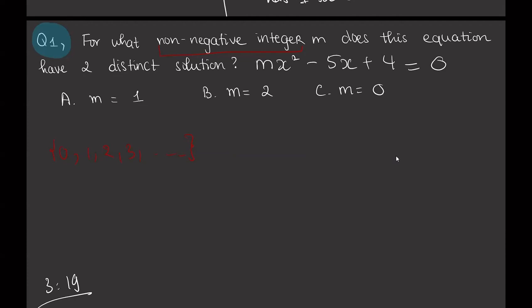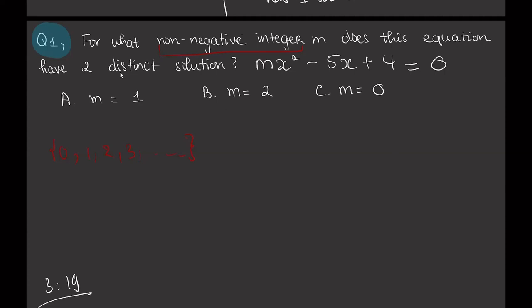Yeah, that's true, use the discriminant. When m equals 1, the discriminant is greater than 0. That's good. Okay, substitute the values in the quadratic equation and see if it produces two solutions. That's a good strategy too.